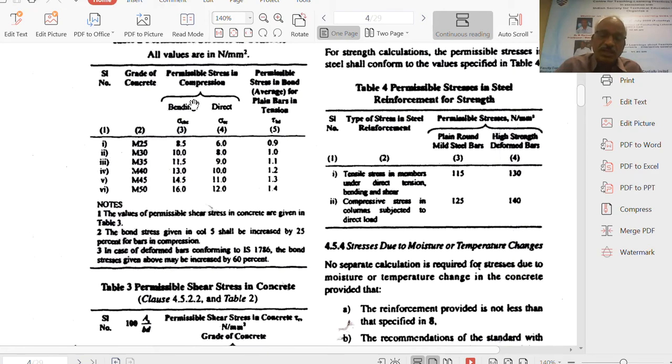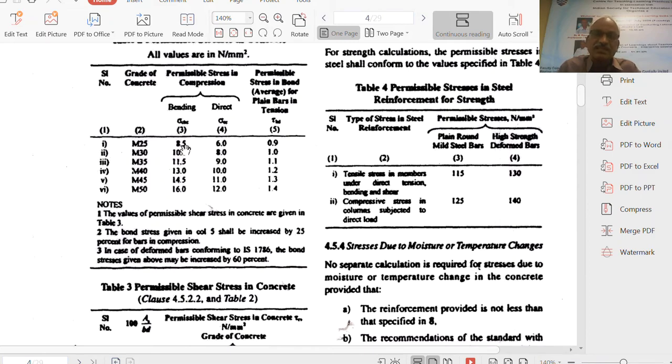So bending compression and direct compression. Suppose we design a column subjected to only axial compression, then the stress will be 6.0 Newton per mm square. If the same column is subjected to axial load and bending moment, the bending compression applies.